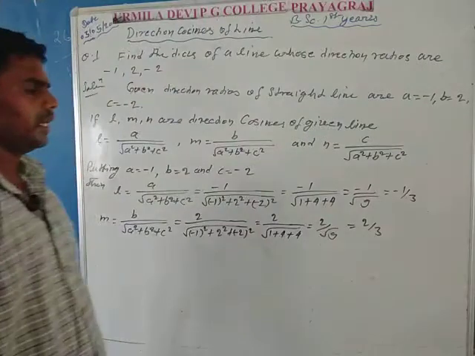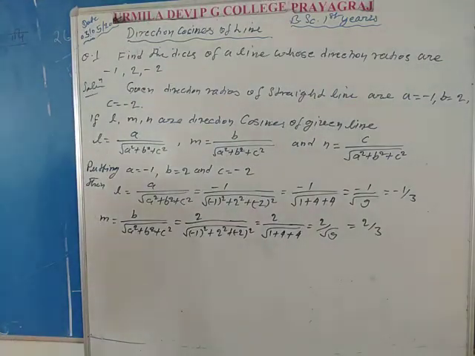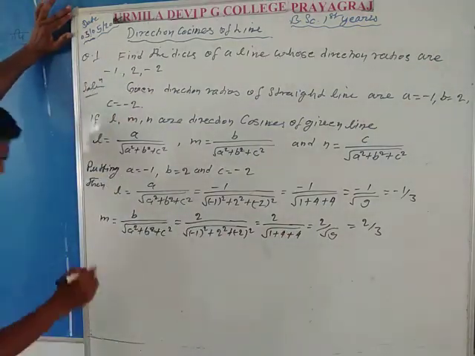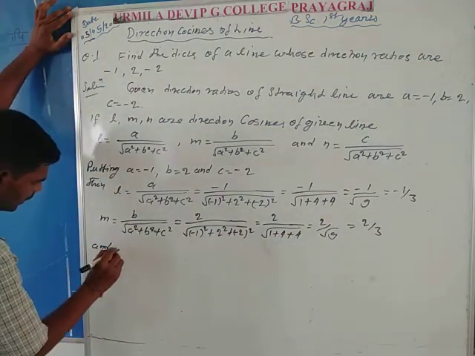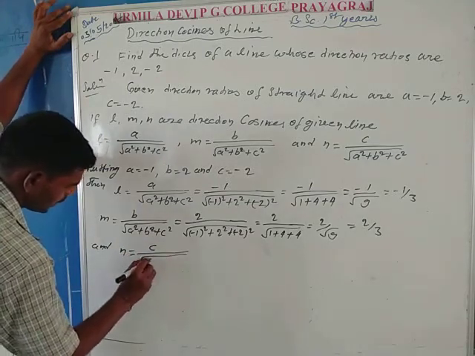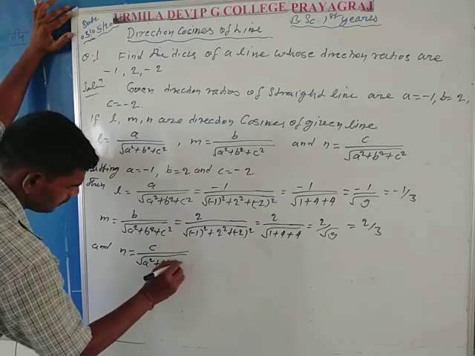So the second direction cosine is small m is equal to 2 by 3, and at last n is equal to c divided by under root a square plus b square plus c square.